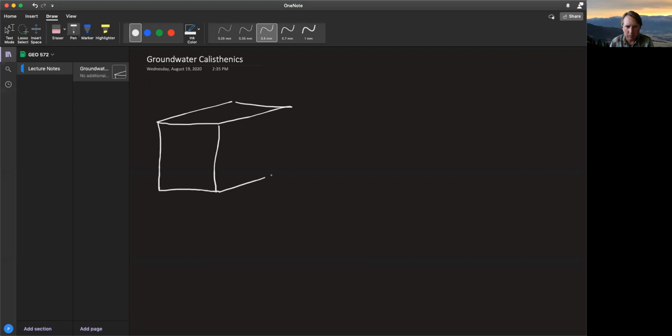And remember, the representative elementary volume is this sort of magical cube of porous media where we've got rock grains sitting in our cube.